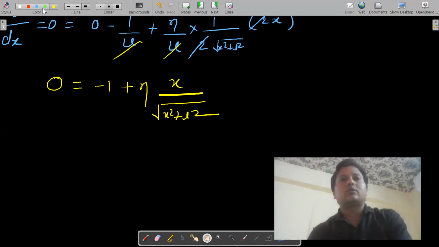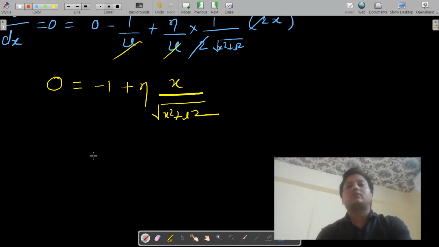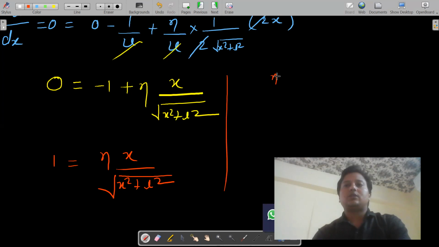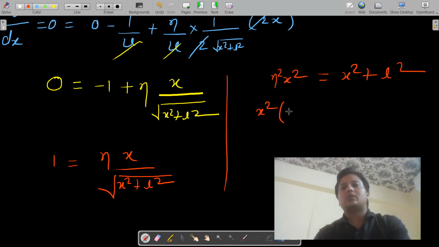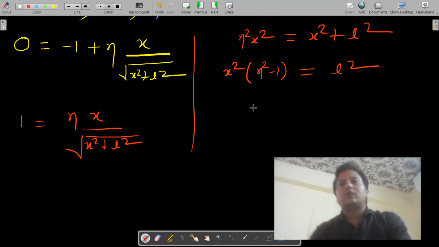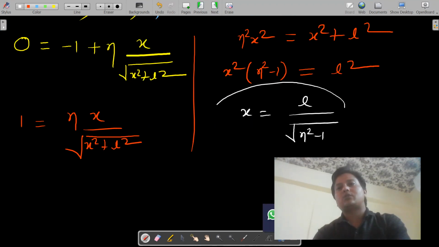So what will be the final answer? We have to calculate x. So 1 equals eta x over root of x square plus l square, and squaring both sides, we get eta square x square equals x square plus l square, and taking x square common, eta square minus 1 times x square equals l square, and so x will be L over under root eta square minus 1.